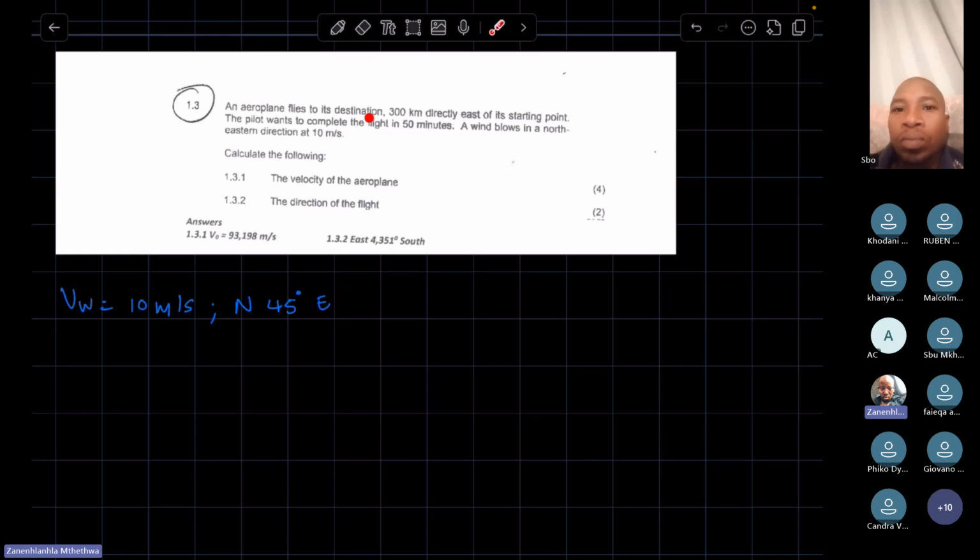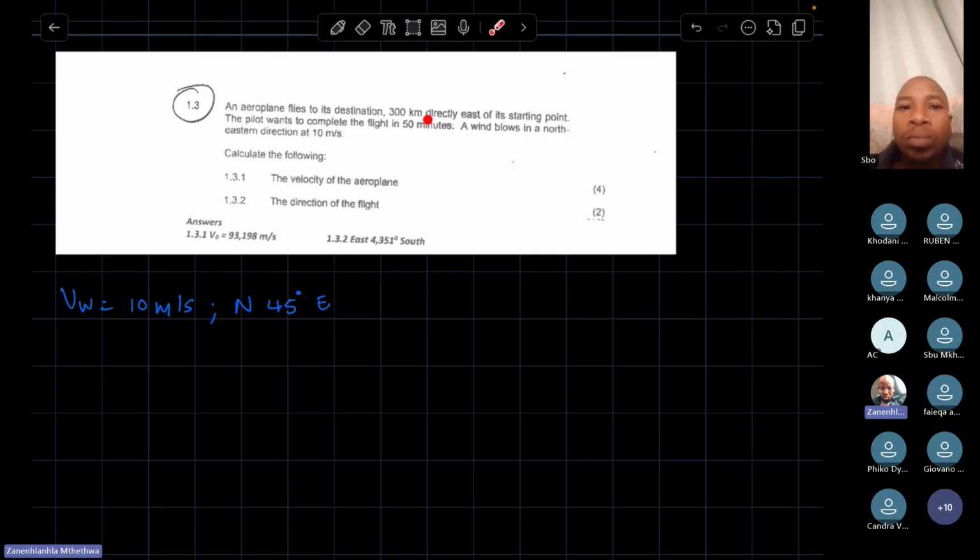Meaning that if they say that an aeroplane flies to its destination, so you have the term destination, they also give you the displacement directly east. So the destination is directly east. Remember that everything that has to do with destination, displacement, and or time has to do with resultant velocity.